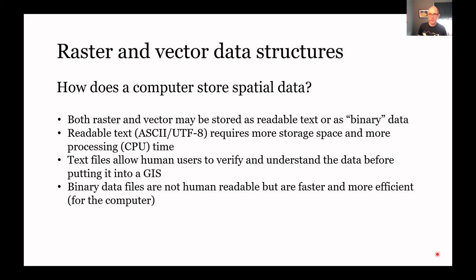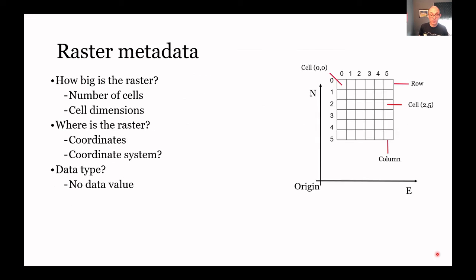So let's just quickly look at doing this with rasters. The first thing we need to remember is that our raster is built up with explicit coordinates at one location, and everything else is implicit. What does that mean?